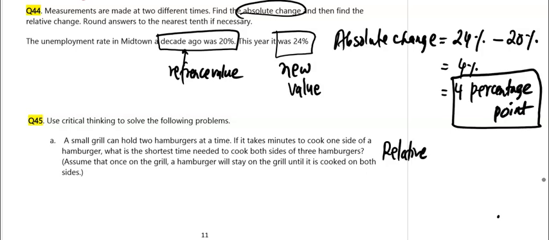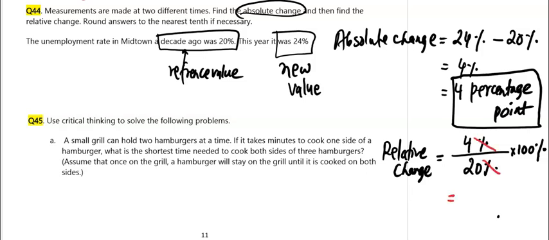So how about the relative change? Relative change equals how much changed here: 4% change divided by the reference value, which is 20%, times 100%. So again, the percent signs cancel. 4 divided by 20 times 100.